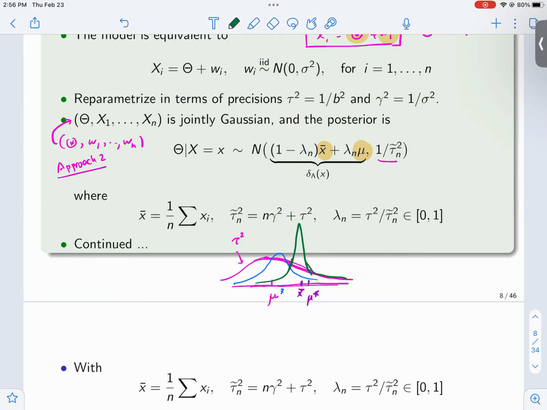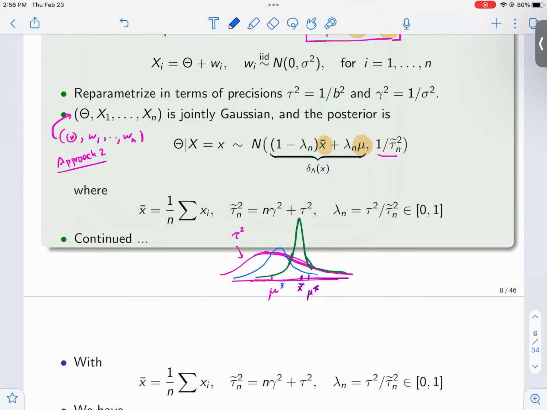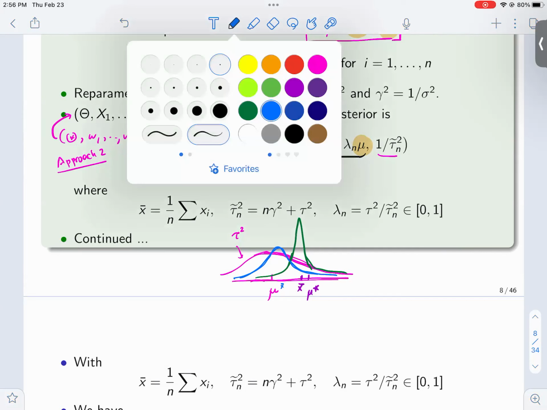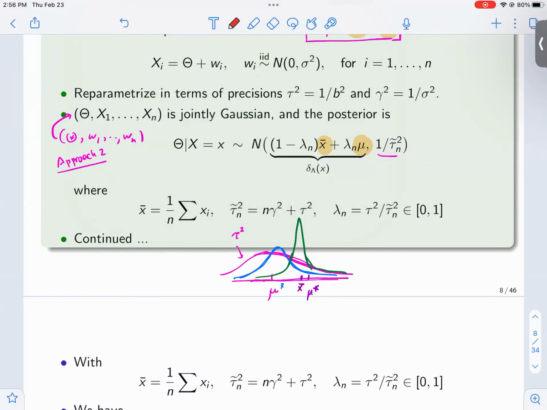You had 2 samples, and it moved a little bit and got a little narrower than the original prior, but not too much. But eventually, as you get more and more samples, this is going to move and also sharply concentrate around, very close to mu star. So as you get more and more samples, you move and you also become more certain.